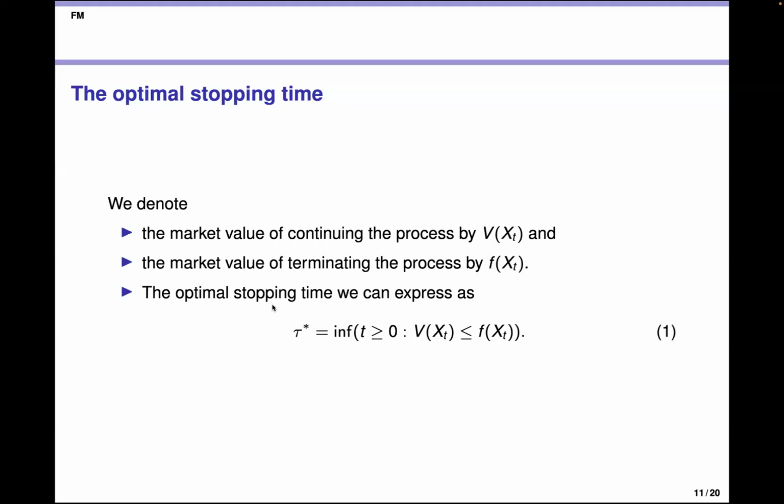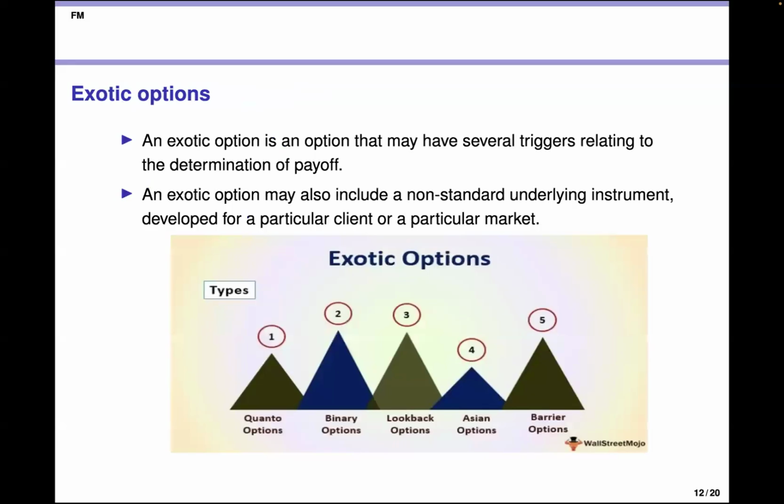So the optimal stopping time we can express as the infimum of the moment when the price of immediate realization is more than the price of continuing. It is the same as what we already know, but it is the mathematical expression.